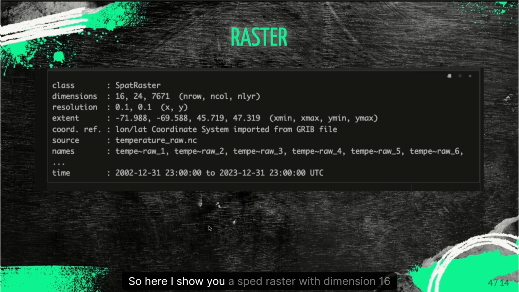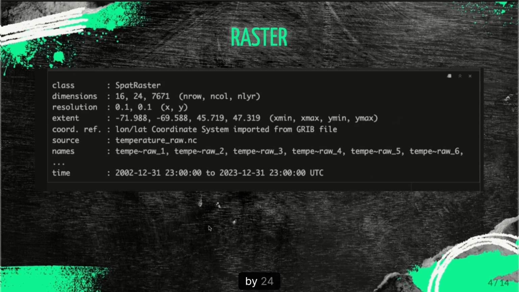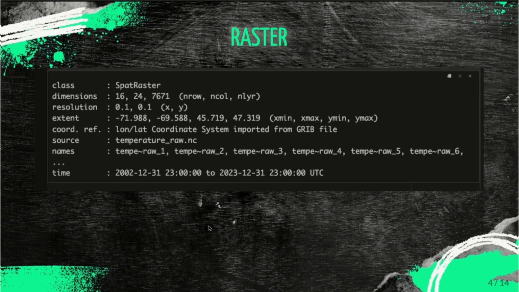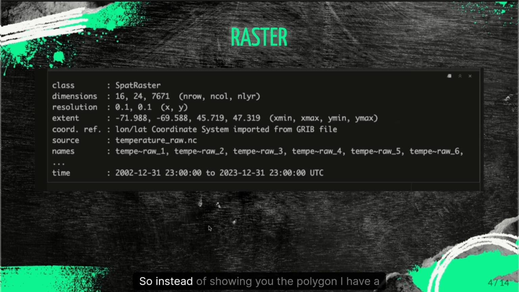So here I show you a SpatRaster with dimension 16 by 24, so 16 rows and 24 columns, at 0.1 degree resolution. Essentially, I show you exactly the same region. Instead of showing you the polygon, I have a spatial raster that shows you the temperature of the region of Chaudière-Appalaches.